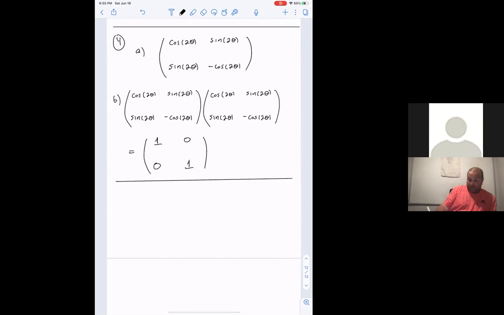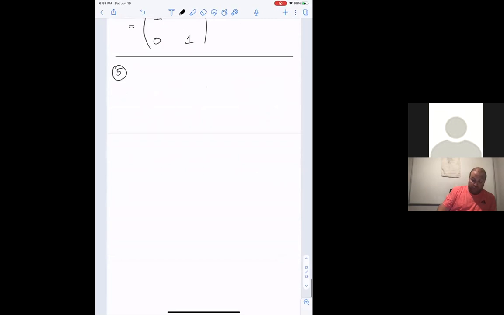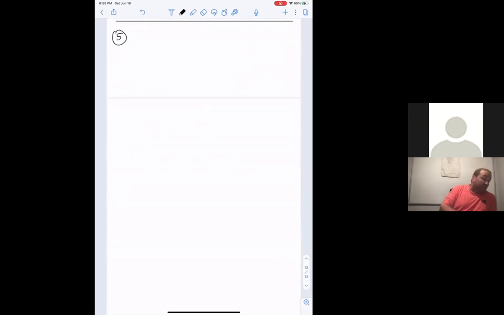Isn't math grand? Question number 5. Write down the exact matrix R for a rotation of 45 degrees clockwise about the origin, not counterclockwise. Oh, actually, we have both. No problem.